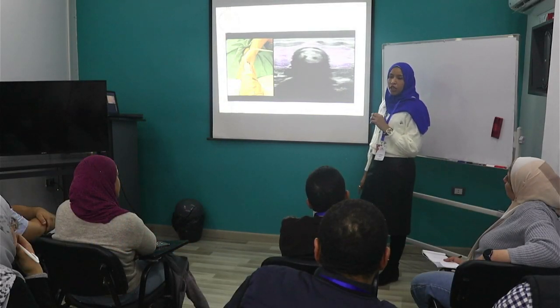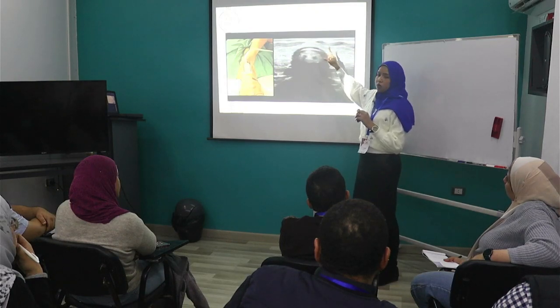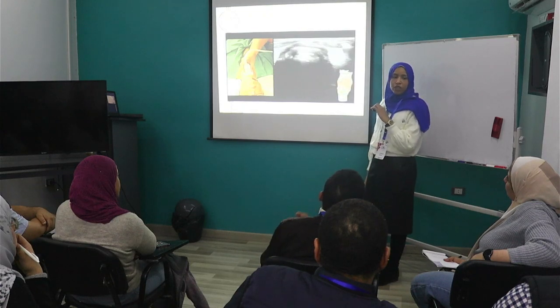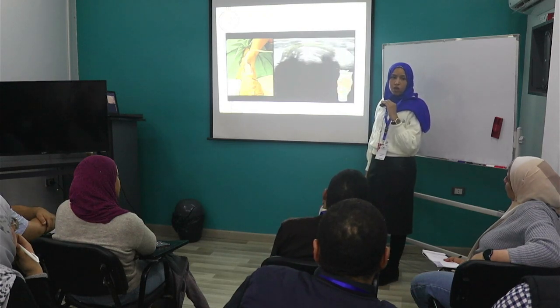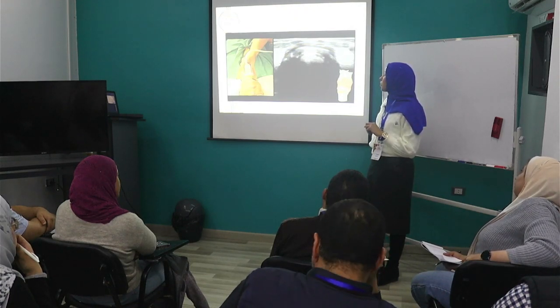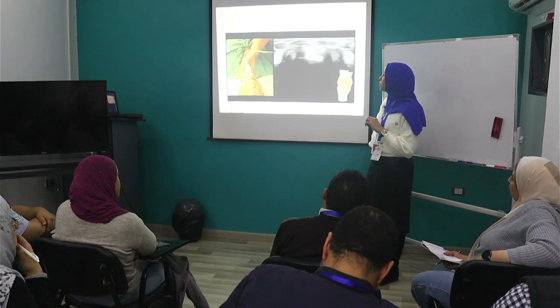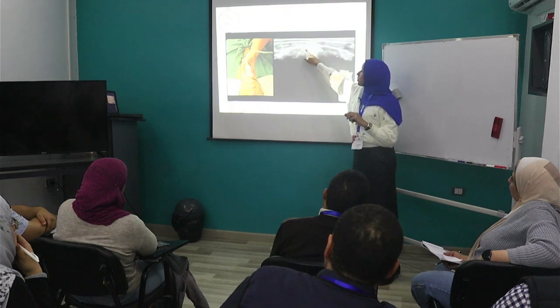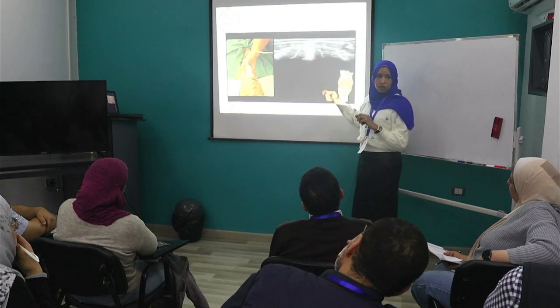Then the thyroid gland lobes and the isthmus. This is an important part during tracheostomy in order to avoid injury. Thyroid, cricothyroid cartilage, line, reverberation artifacts.